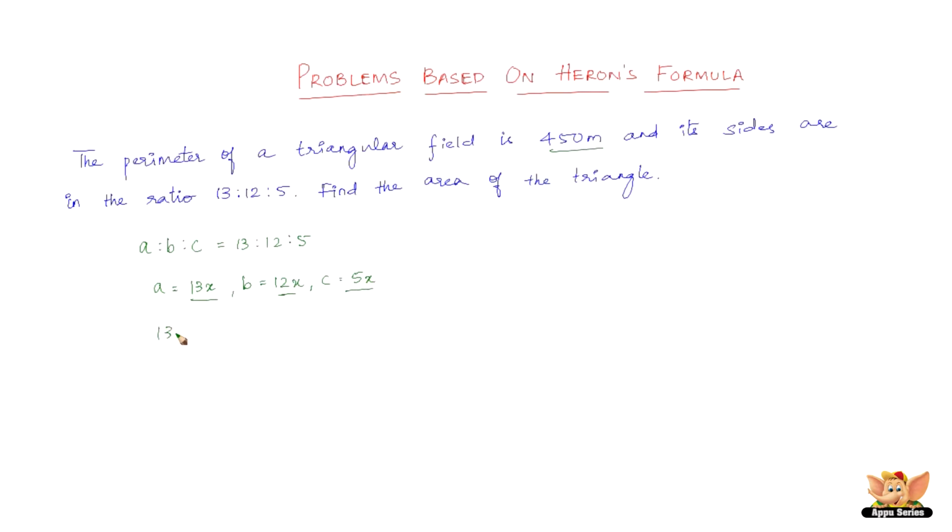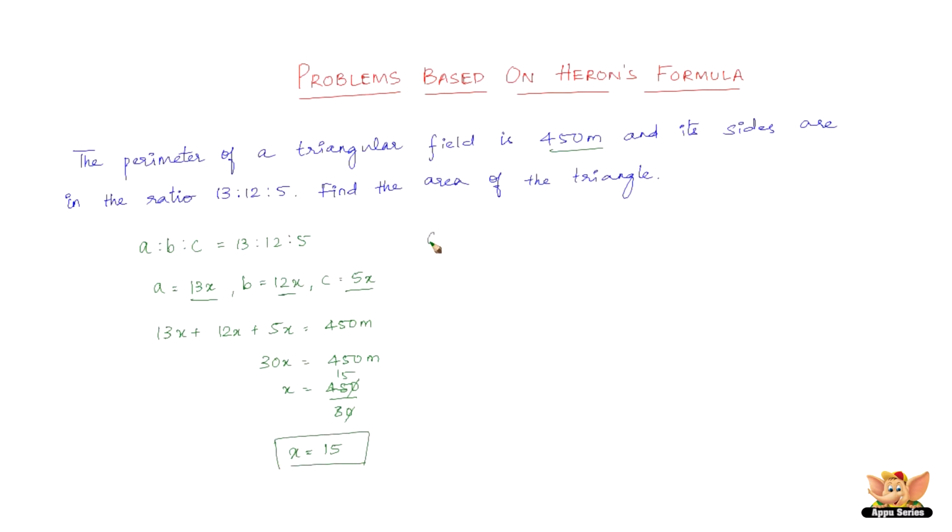So now 13x plus 12x plus 5x equals 450 meters. So 13x plus 12x is 25x, 25x plus 5x is 30x. So 30x equals 450 meters and x equals 450 by 30, which is 15. So that multiple is just 15.